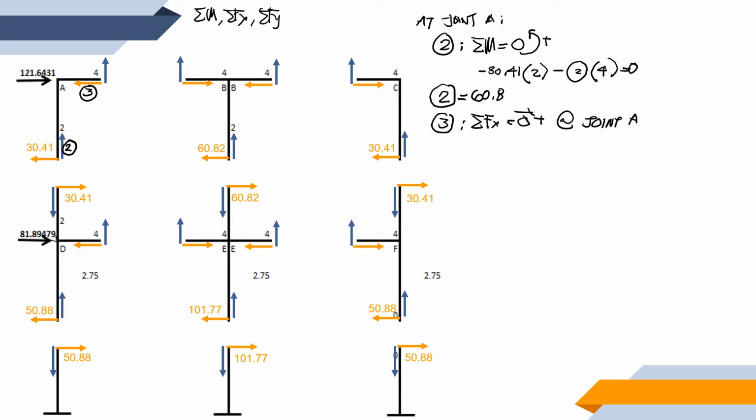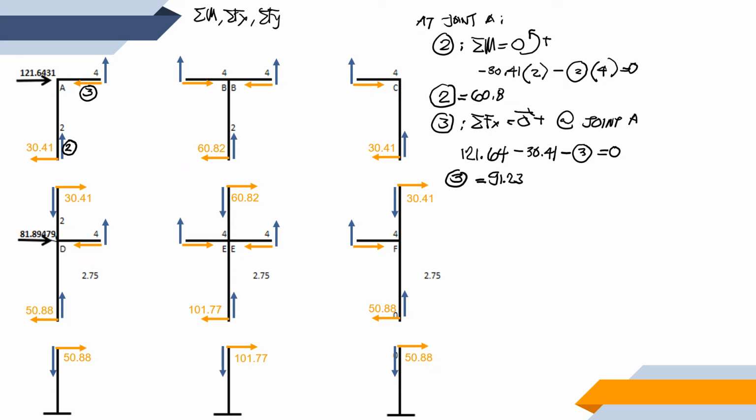What are the forces that are acting along the x-axis on our joint A? We have 121.64 minus 30.41 minus our force number 3 is equal to 0. The value for our force number 3 would be equal to 91.23.